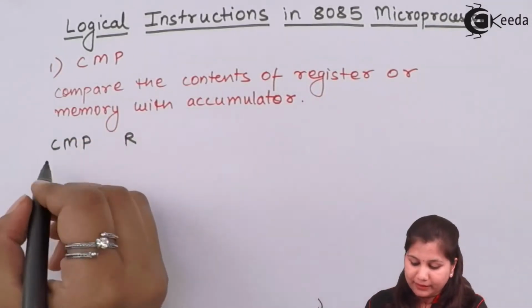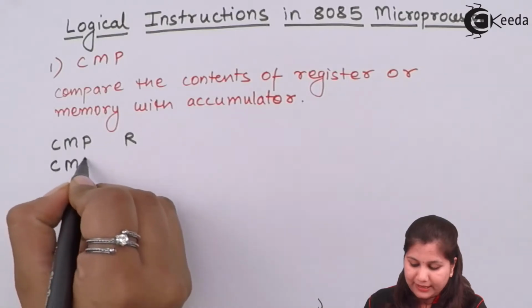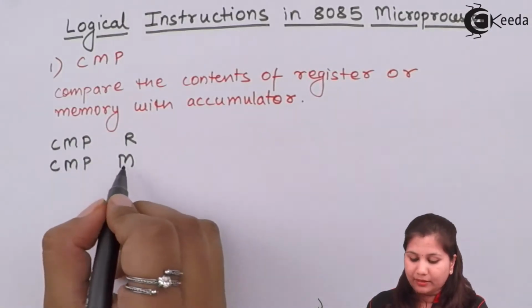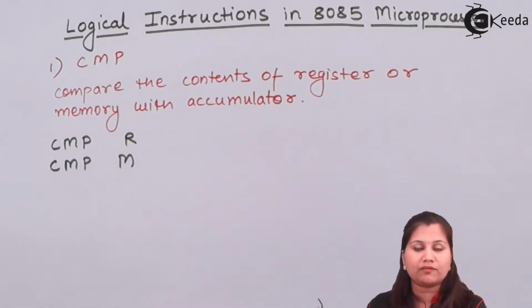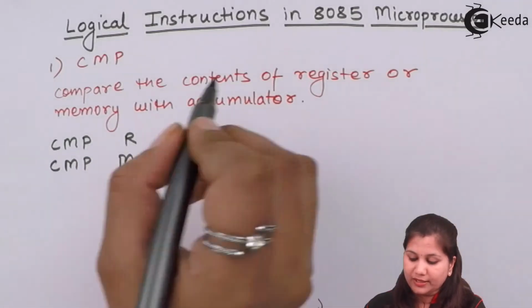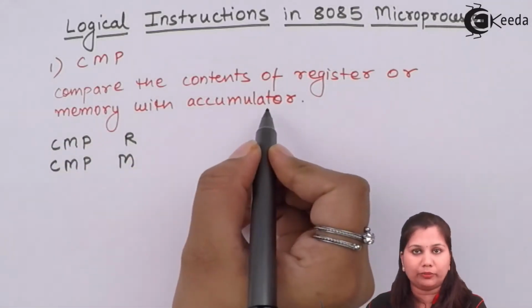If we are comparing the memory, then we are going to write CMP M. And M is the address of the memory location which is there in the HL pair register. So it is going to compare the contents of the register and memory with the accumulator.